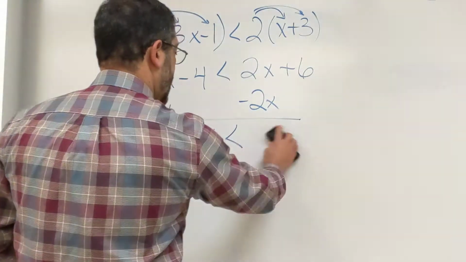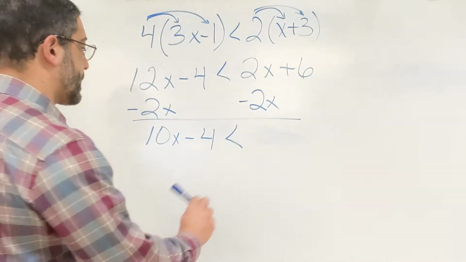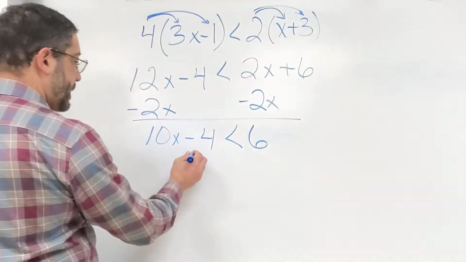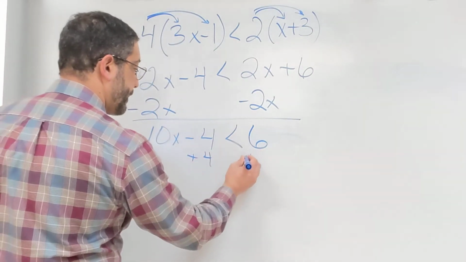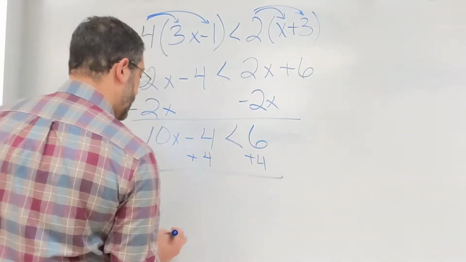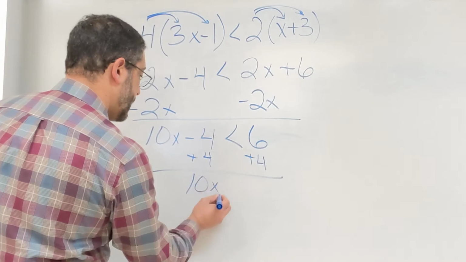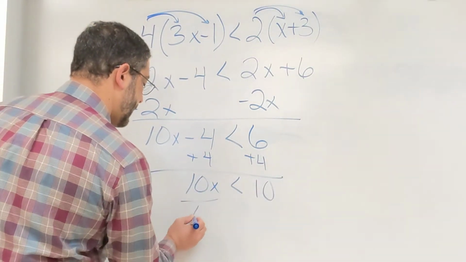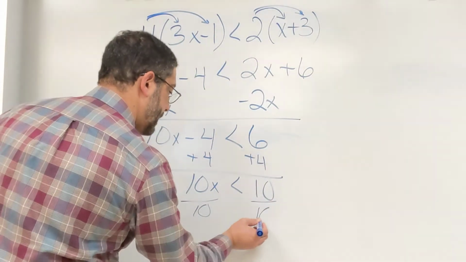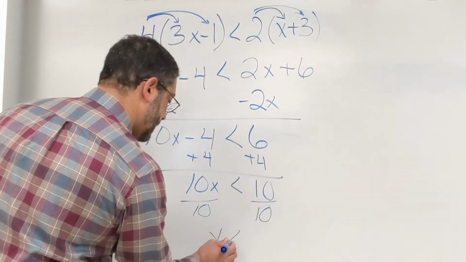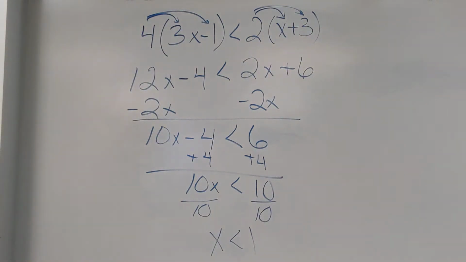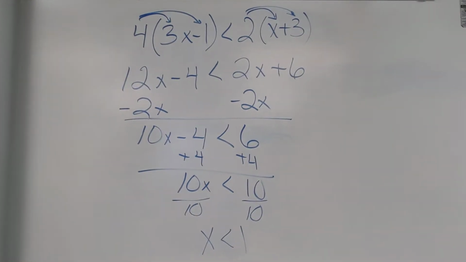So it's going to be less than 6. All right, so then the next thing I do is I add 4 to both sides. So that gives me 10x is less than 10. Divide both sides by 10. That gives me x less than 1. Okay? So x less than 1.